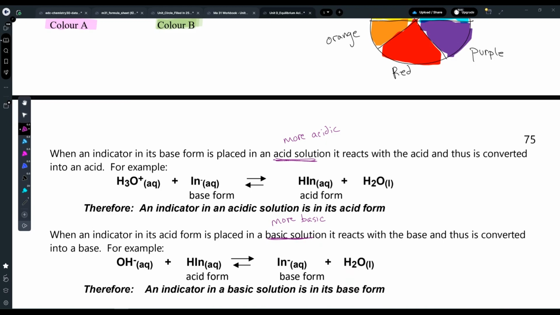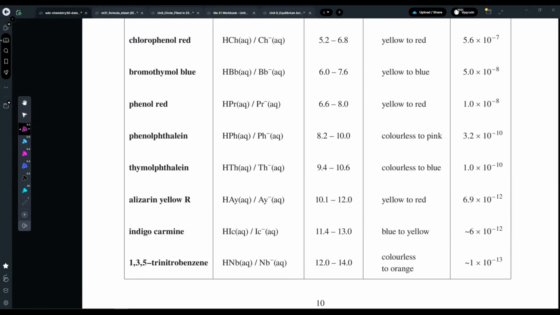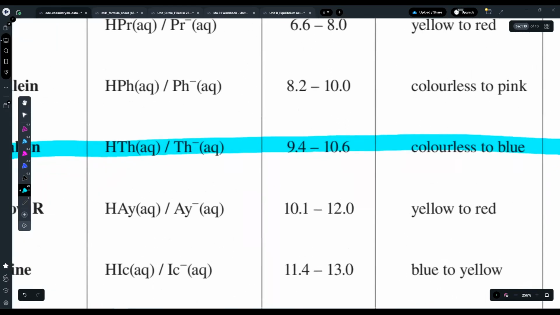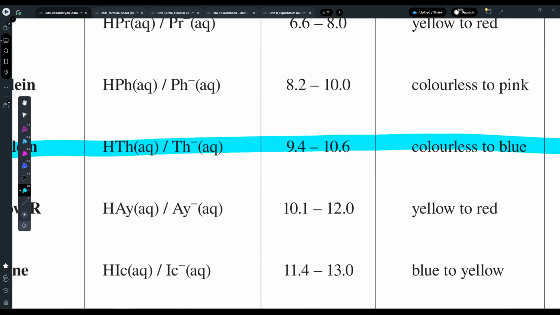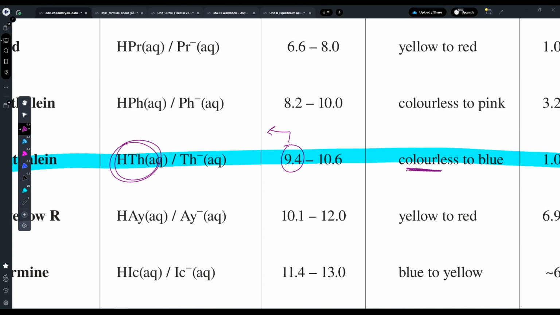The reason why I specify this is if you have an indicator such as thymolphthalein, it has a pH range of 9.4 to 10.6. So the acidic form of thymolphthalein, you'll get that at any pH at 9.4 and below. And that acidic form of that indicator is going to be colorless.